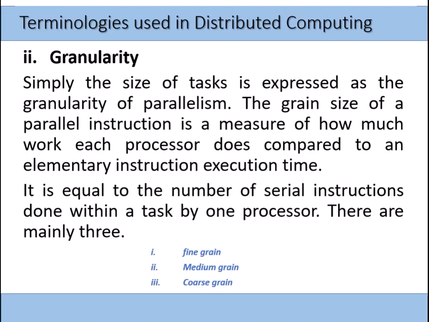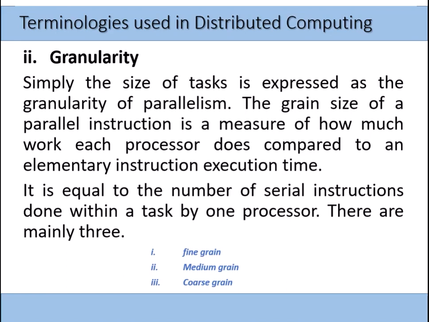So we define a granularity which shows how much task should be performed in a particular job by the whole system, and then how many tasks are to be assigned to each processor.